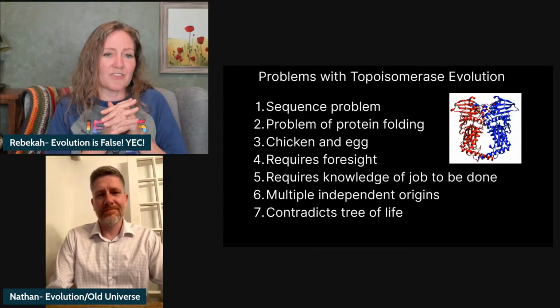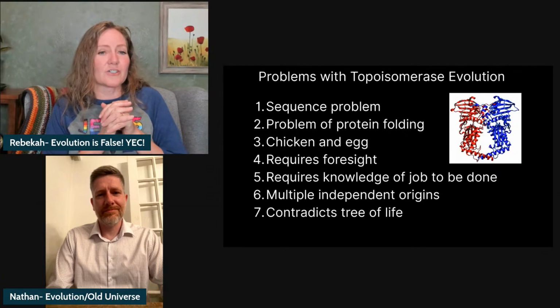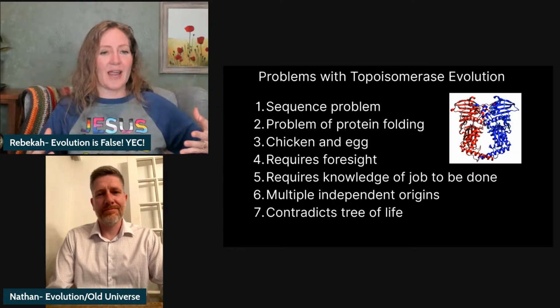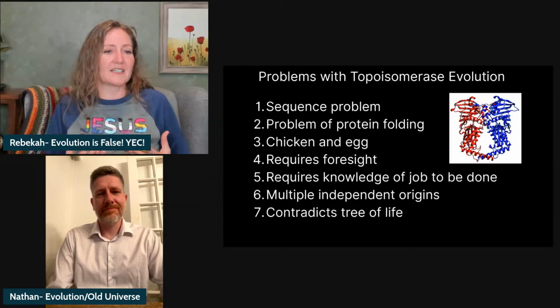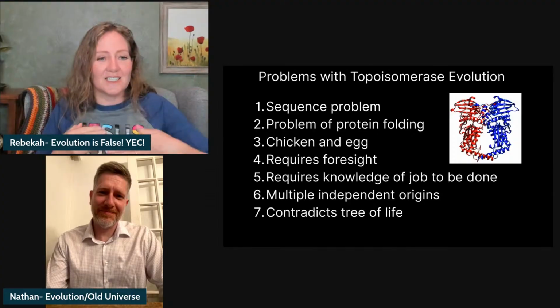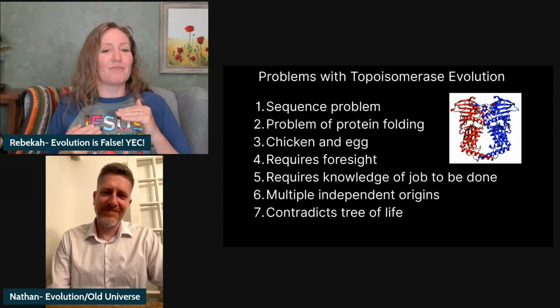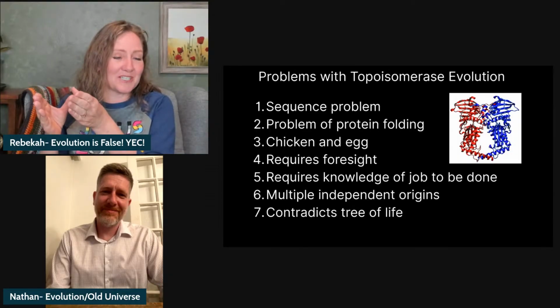Now, the fourth thing is that topoisomerase requires foresight. There has to be something within the cell that has the foresight to know that the DNA needs to be untwisted. And number 5, that knowledge has to get to topoisomerase.